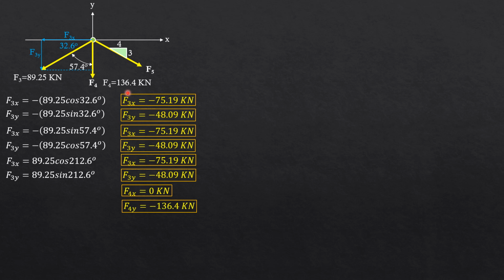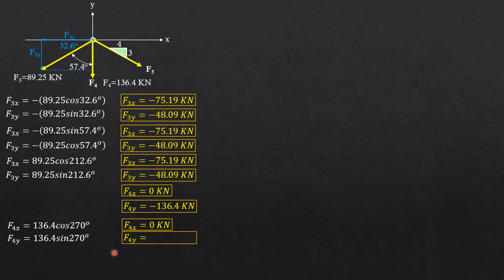Now, in terms of the angle from the positive x-axis to this direction, that's 270 degrees. So therefore, F4x is 136.4 cosine of 270 degrees. So it is 0. Then F4y is 136.4 sine of 270 degrees. And therefore, it is negative 136.4 kilonewtons.